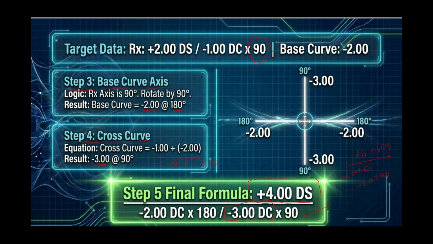This is the toric prescription that we have tried to calculate, and we have ended up doing a good job. So what is the final result? It is +4 diopter sphere, that is the anterior surface, -2, which is the base curve rotated by 90 degrees, and the cross curve, where we calculated the sum of the cylinder and the base curve, which came to -3 diopter cylinder, at the same axis as the prescription. So this is our final toric transposition.